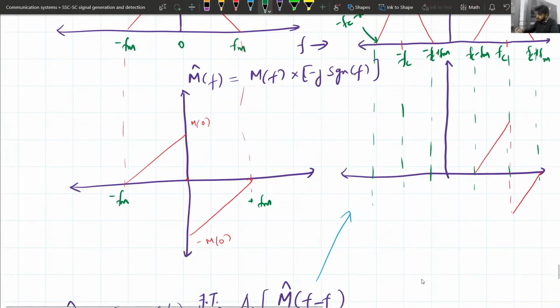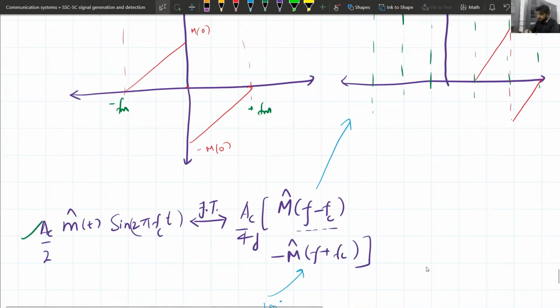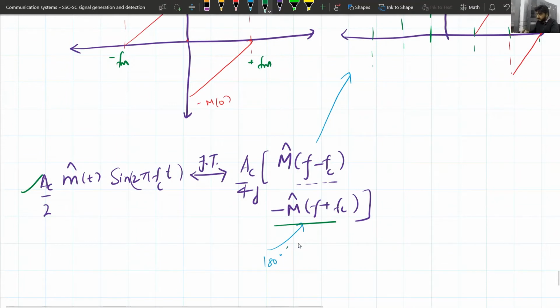And here in this case, now this component is negative, is 180-degree phase shifted.